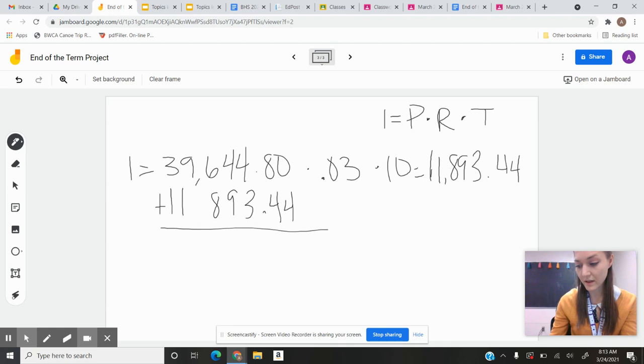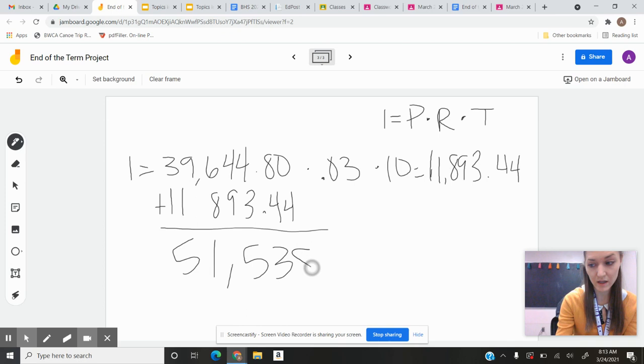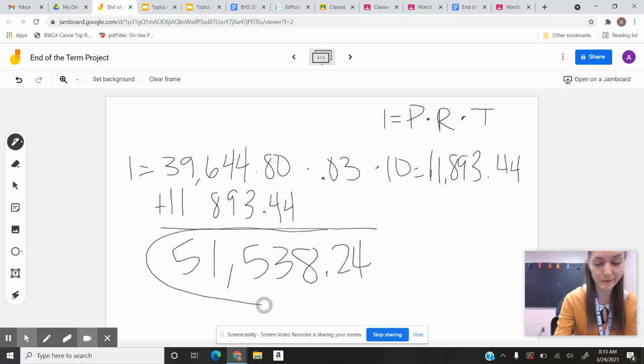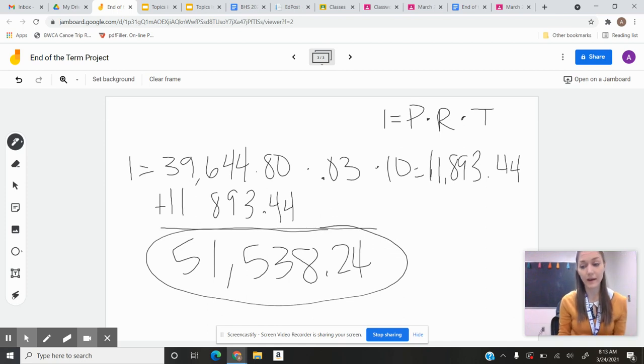And when I do that, I get $51,538.24. So that would be my estimated pay after 10 years.